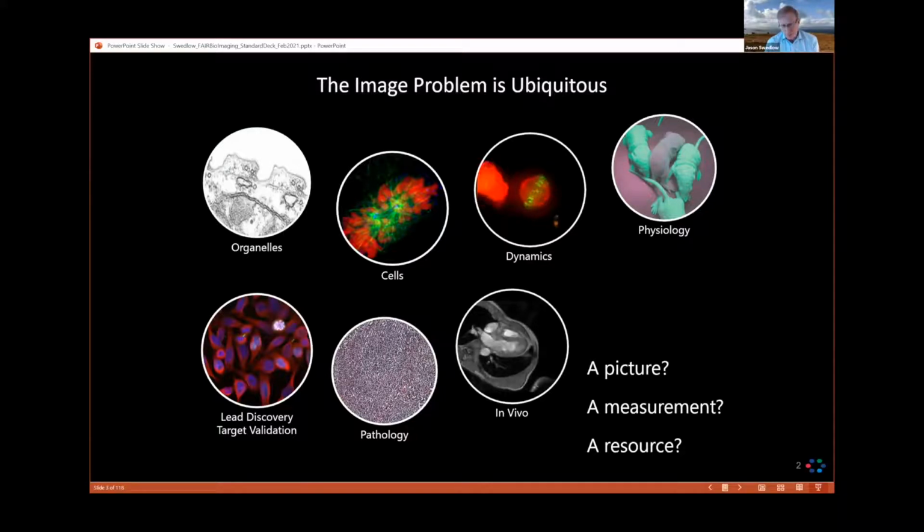And what's important to remember is that these images, as I said, are pretty pictures, but are fundamentally measurements. So the pixel values will be faithful representations of the spatial relationships, but also, especially in fluorescence imaging, the relative concentrations of different molecules.